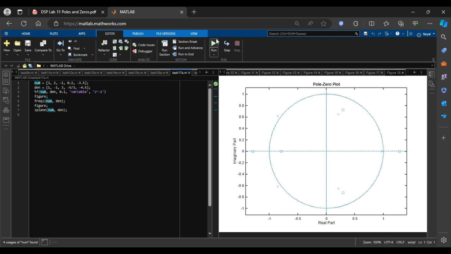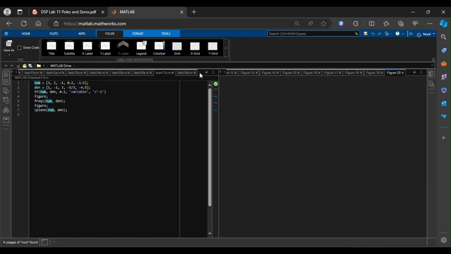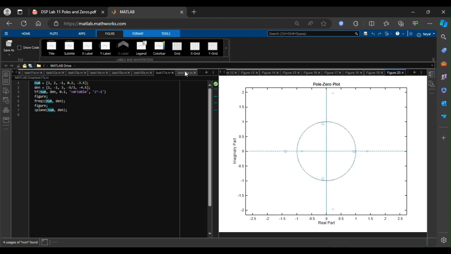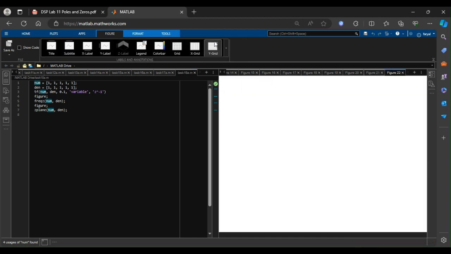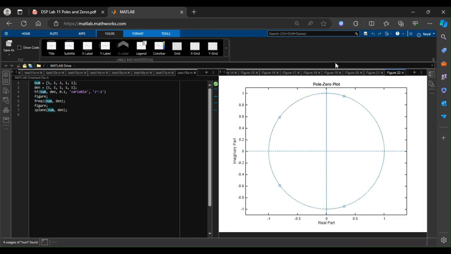Here we have the other task. Moving towards the last task of today's lab, the transfer function represents a system with 1 zero and 4 poles. The frequency response plot shows how the system behaves at different frequencies. The z-plane plot indicates the location of the poles and zeros on the complex plane.